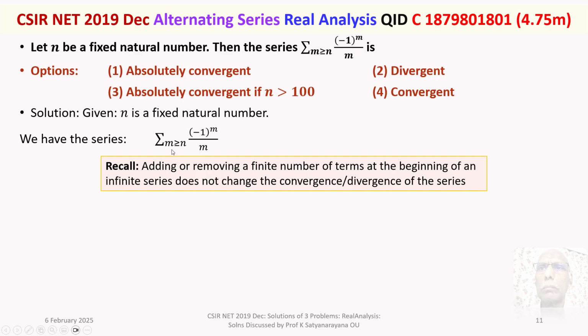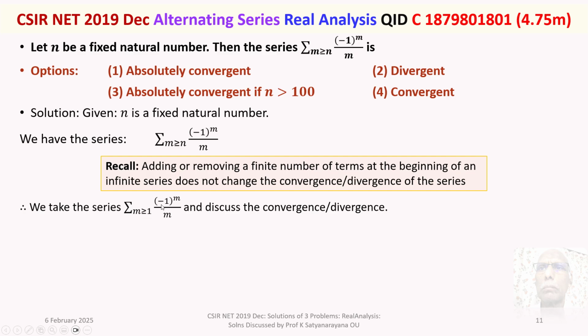So in this case, the first n minus 1 terms are removed. So without loss of generality, we talk about the series sigma m greater than or equal to 1 of minus 1 to the power of m by m and discuss the convergence and divergence.